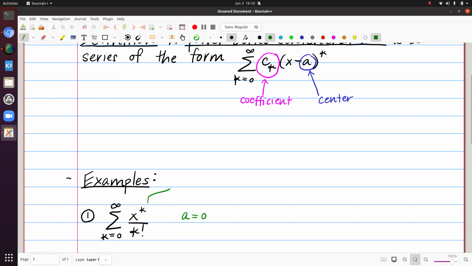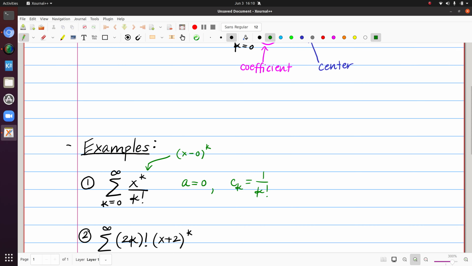The reason is that we could express x to the k as x minus 0 to the k. The coefficient then is what we're multiplying the x minus 0 to the k by, and that's going to be, in this case, 1 over k factorial.